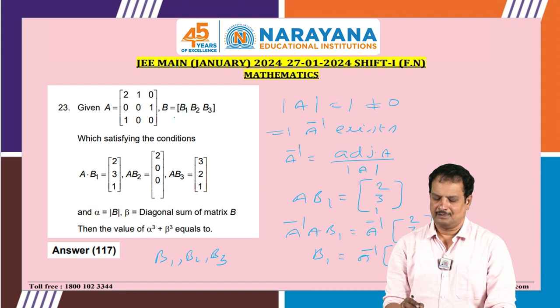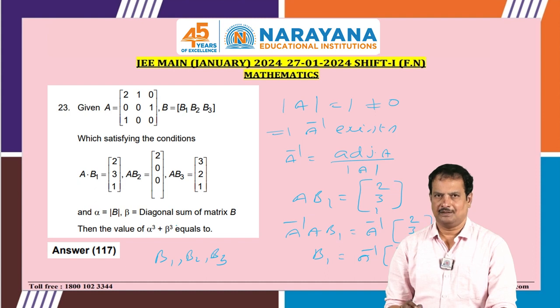Once you get the three columns of the matrix B, you can find out the determinant of B, and even the trace, the sum of the diagonal elements of the matrix B. So you can calculate both alpha and beta.